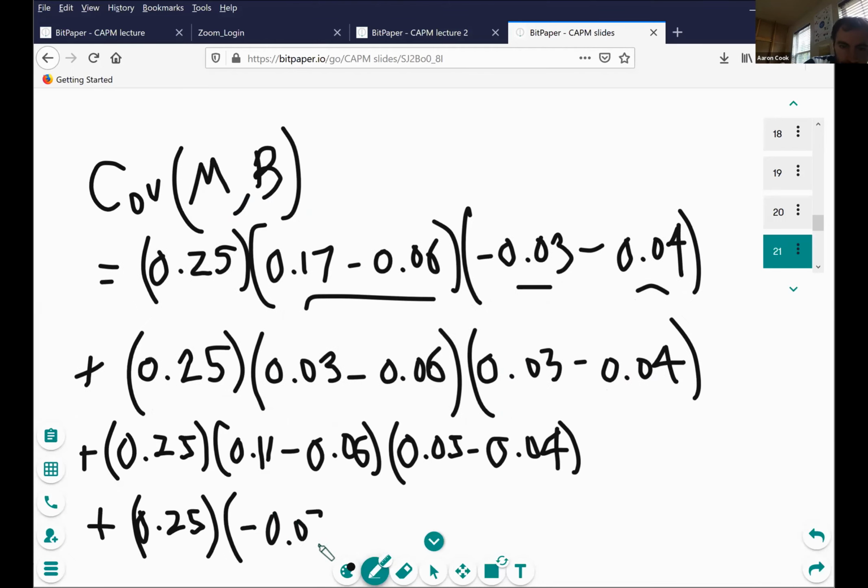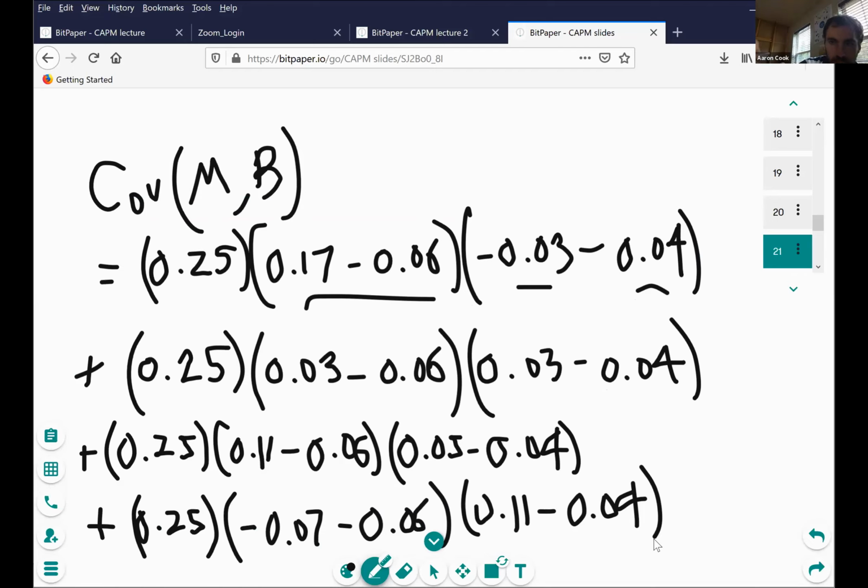And then we do the last scenario, which has a 7% loss for stock B and an 11% gain for the market. So this is the way that you compute the covariance.